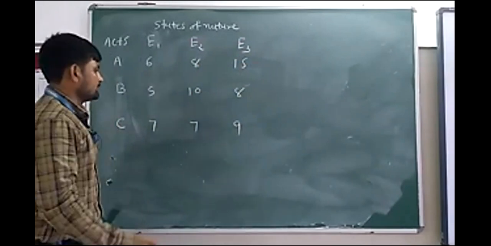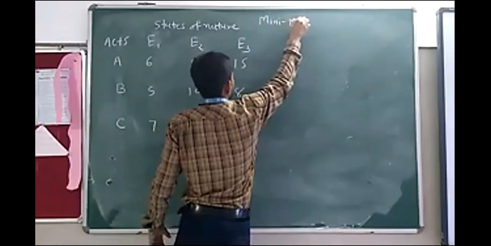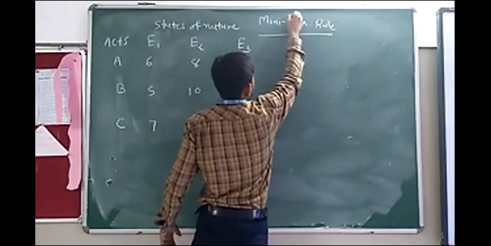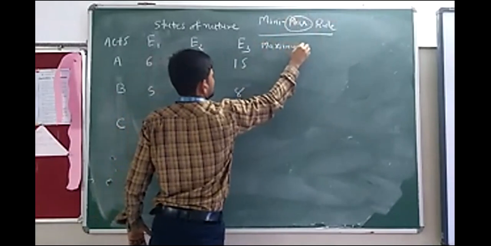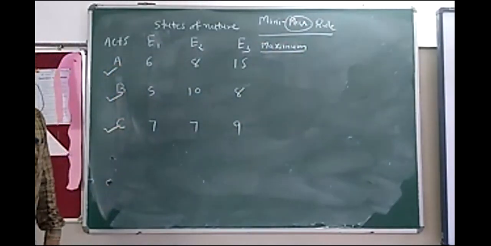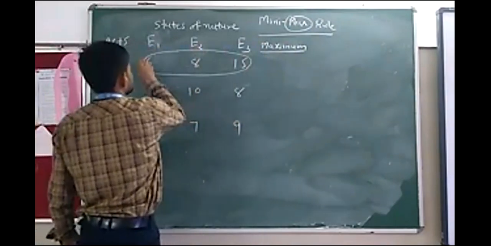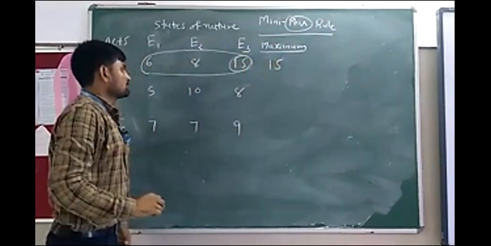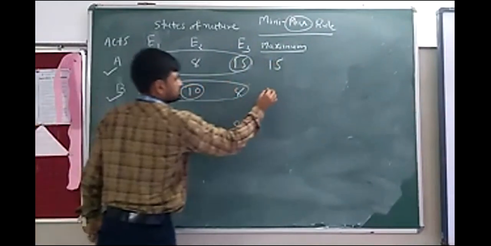So here we are using the Minimax criteria or rule. First we'll find the maximum payoff for each and every act. For the first act, the maximum payoff is 15. For the second act, the maximum payoff is 10.